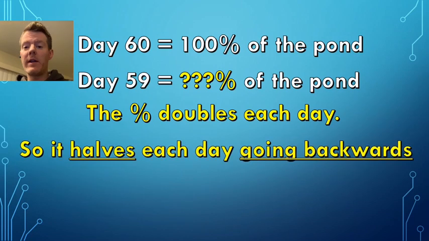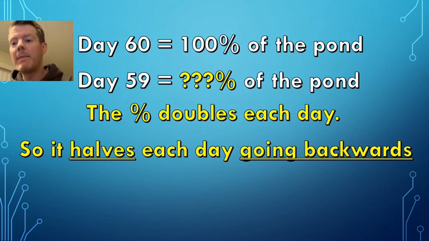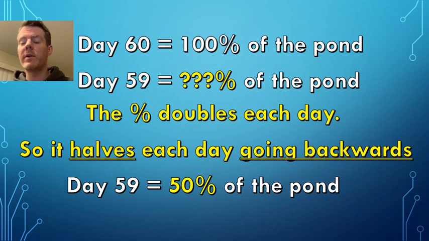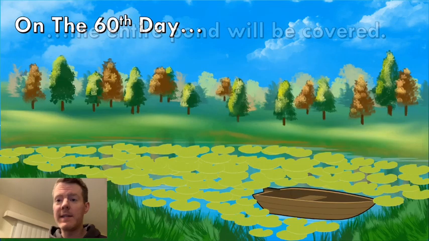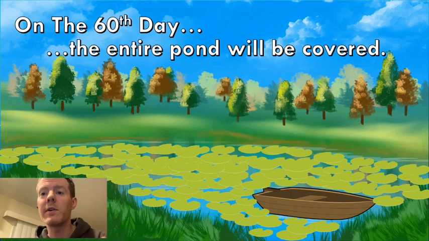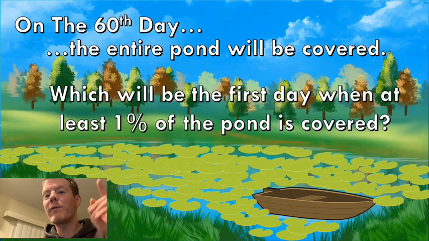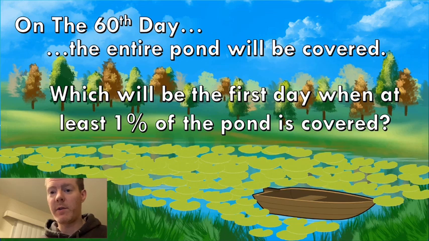So at 100% of the pond on day 60, if I halve that, that means that 50% of the pond is covered on day 59. Now, this type of backwards thinking will help you answer the second question. Remember, the second question is: if on day 60 the entire pond is covered, which will be the first day where at least 1% is covered?